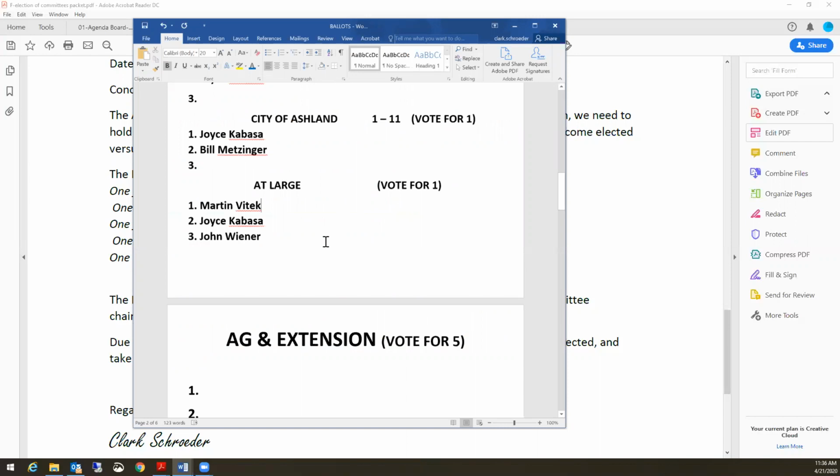Portman, Cabasa. Brannick, Cabasa. Tufal, Vitek. Stendor, Vitek. Rose, Vitek. Berlin, Cabasa.